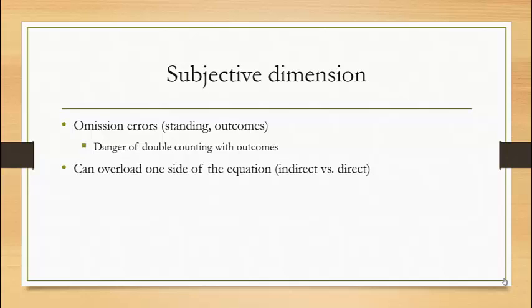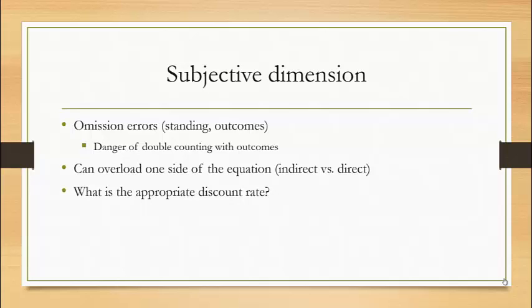You can also overload one side of the equation. So for example, if you're looking only at direct costs, but you're looking at both direct and indirect benefits, then you can really overvalue the benefits. Or vice versa, if you're only looking at direct benefits and you're looking at both direct and indirect costs, you can really overvalue the cost side of it.